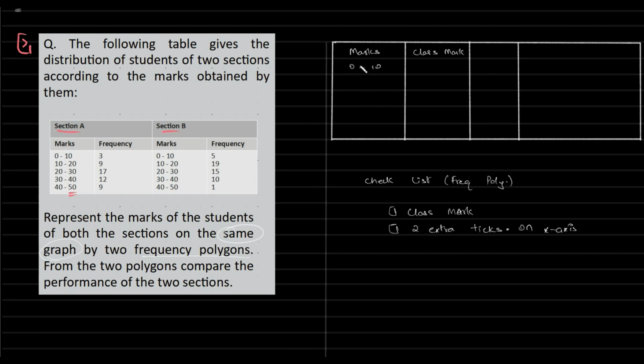So the classes are 0 to 10, 10 to 20, 20 to 30, 30 to 40, 40 to 50. And the class marks are, how do you find the class mark?